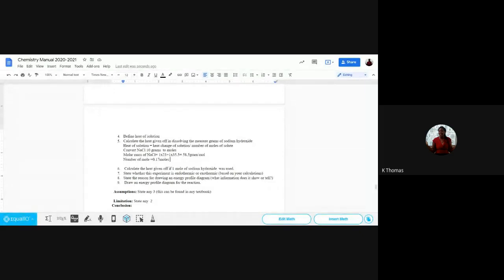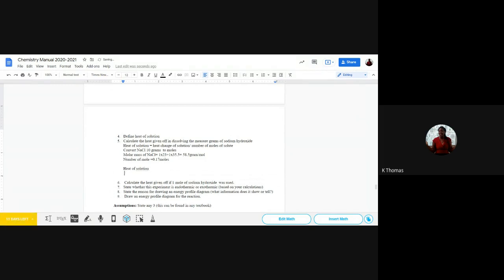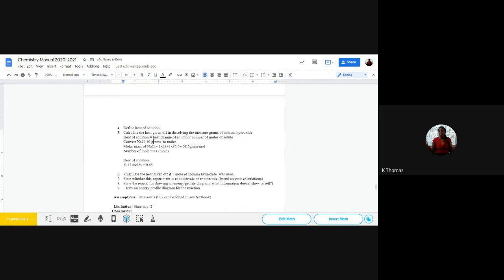Now, what do we do next? To find the heat of solution, we say 0.17 moles gives off 0.6552 kilograms.